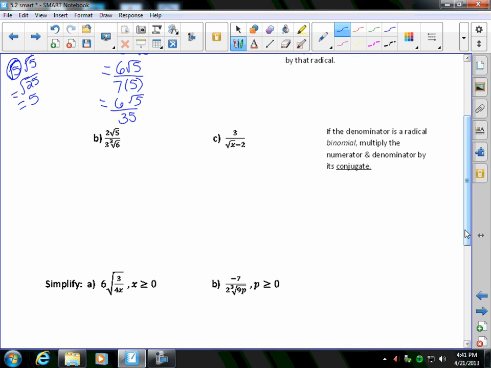So B, 2 square root 5 divided by 3 cube root of 6. Now you have to be careful with these ones because you need to get rid of that cube root of 6. But if I just multiply it by a cube root of 6, I've only multiplied it once by that. I need to have 3 of those all together.